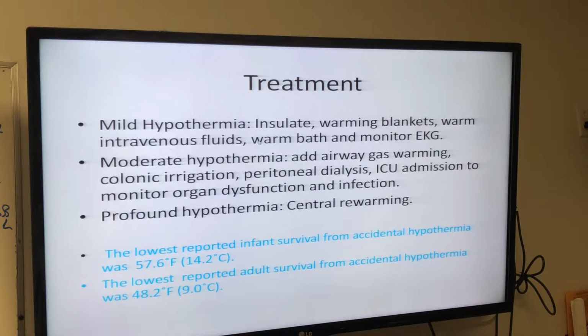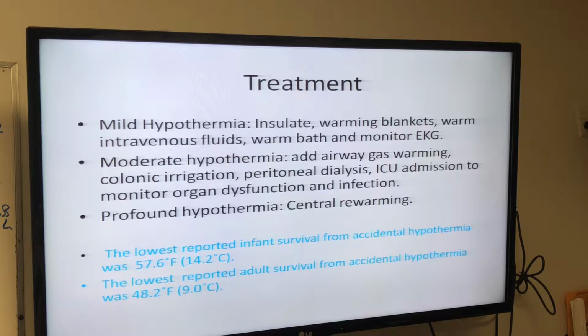So for mild hypothermia, again, insulate, warming blankets, warm IV fluid, warm bath, all of these things are fine until about 34 degrees. For moderate hypothermia, add to that airway gas warming. That's actually very, very effective because you have the huge network of capillaries and bronchi and alveoli.